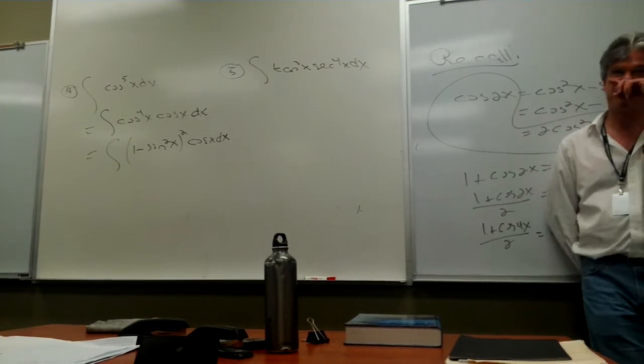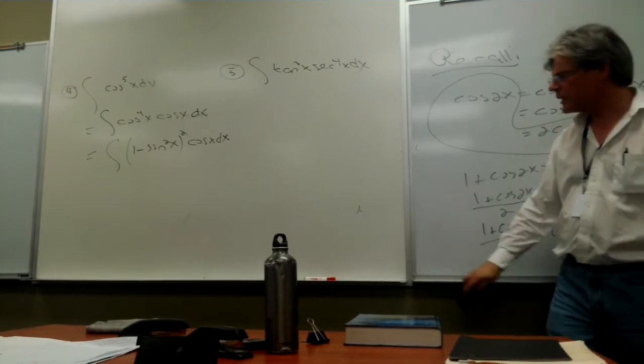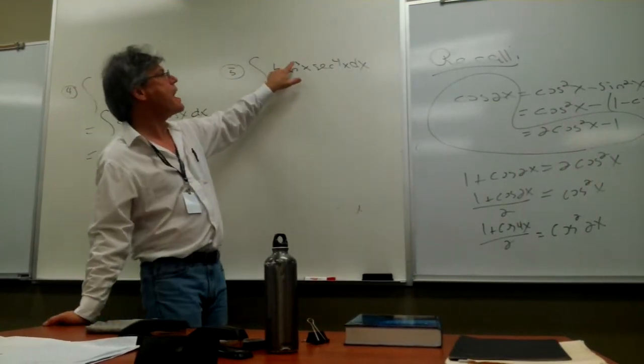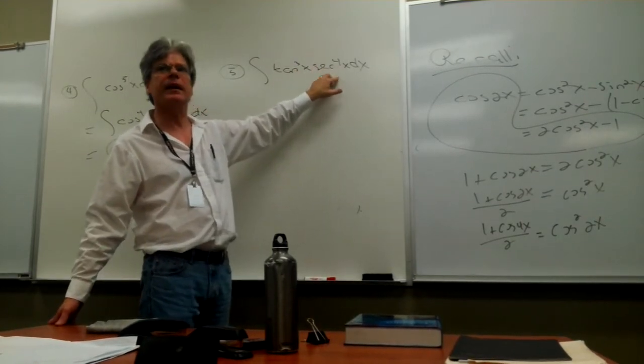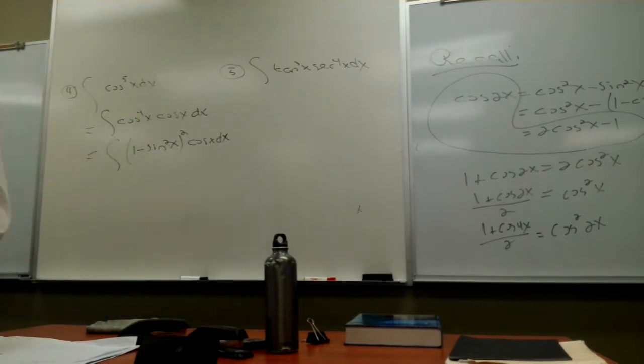Is that secant of 4x or secant to the 4th of x? Secant to the 4th of x. Think of this as tangent to the m of x times secant to the n of x. I think when n is even, without going through any kind of memorization, my life's pretty easy.